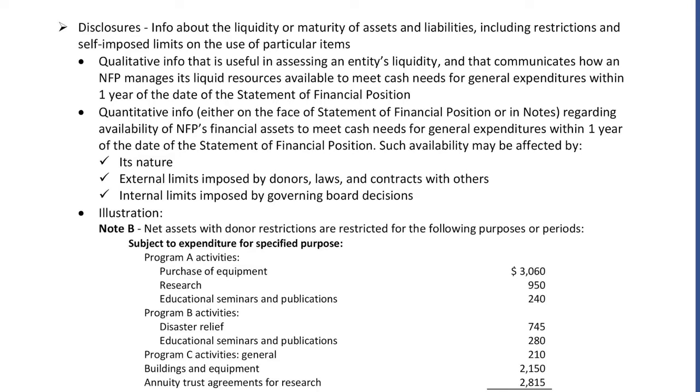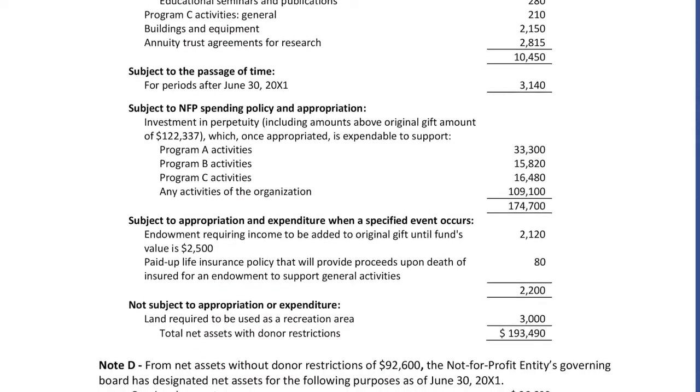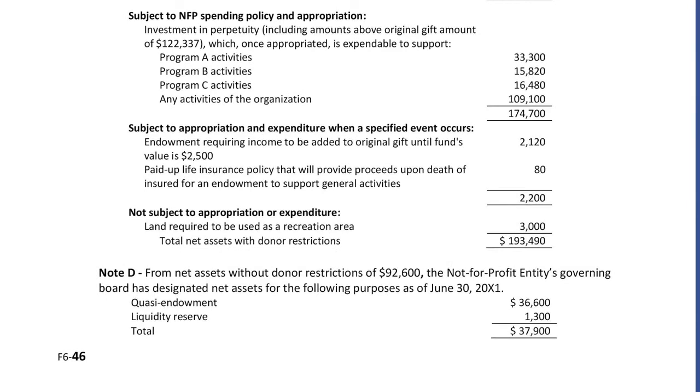Look at note B. Put a box around net assets with donor restrictions, and right there, TRNA plus PRNA. Towards the bottom of this page, we got note D, which talks about net assets without donor restrictions.